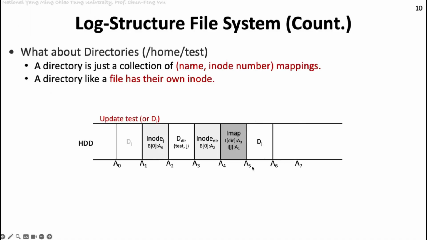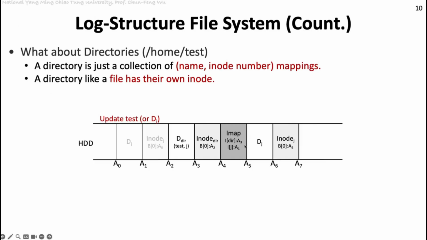Because the location of DJ is updated, the corresponding inode should also be updated, right? Inside the inode, the block address information is maintained. So now DJ is moved to A5, and inode J will update its block address to A5. And because inode J is updated, the inode map should also be updated.